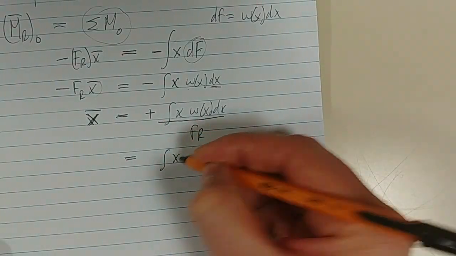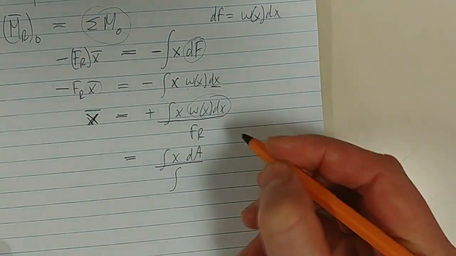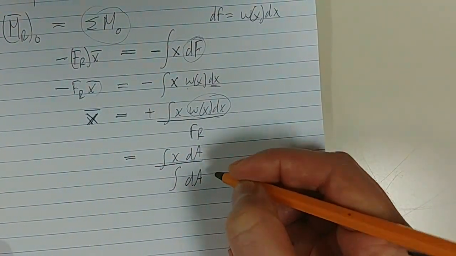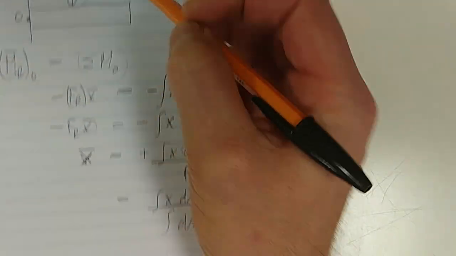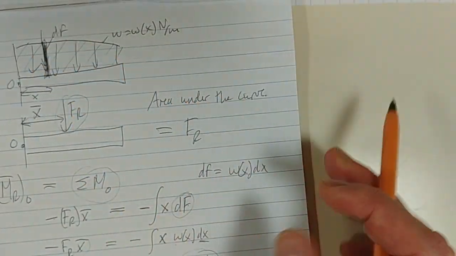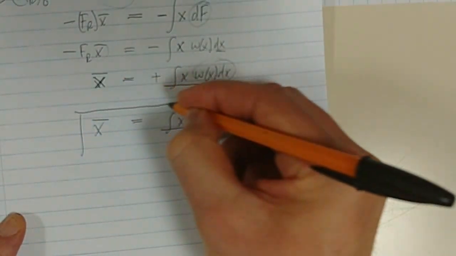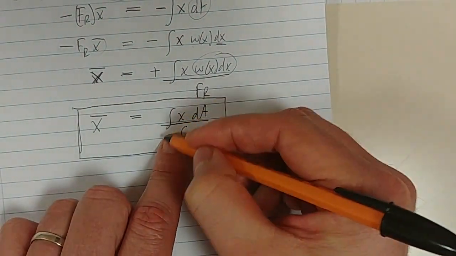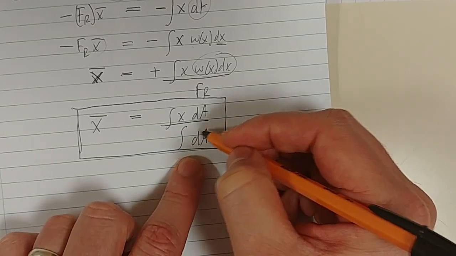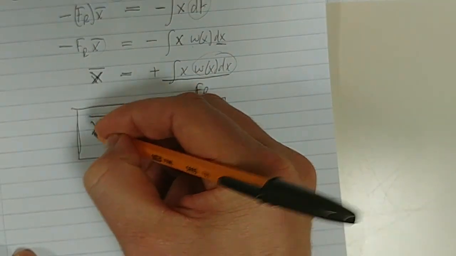And actually what this ends up being is, this is simply dA, which is the differential element, and FR is simply the integral of dA, because remember, FR is simply the area under the curve. So x bar is then simply given by this equation. That's where it comes from. X bar is equal to the integral of x dA divided by the integral of dA, okay? So that's what we're looking for.